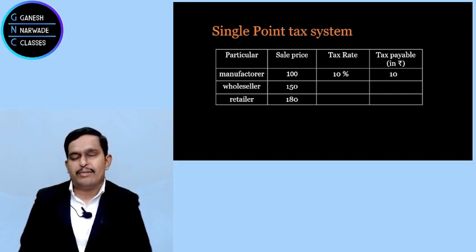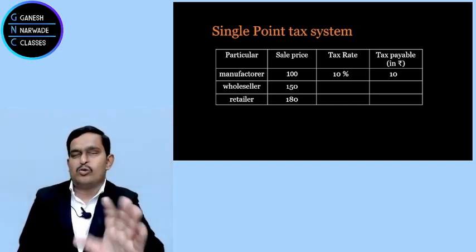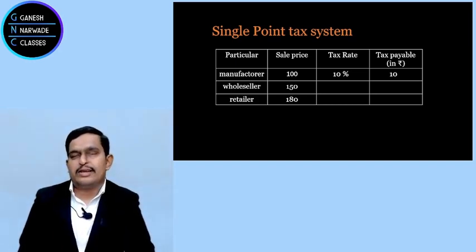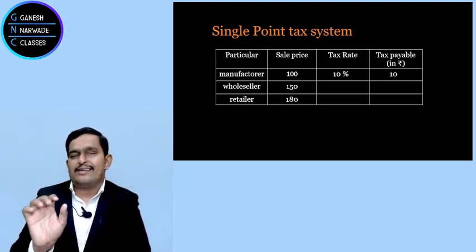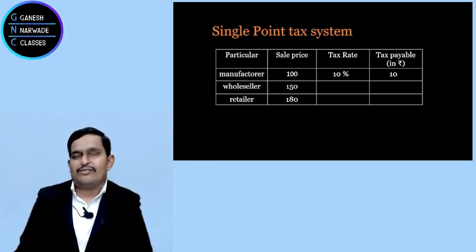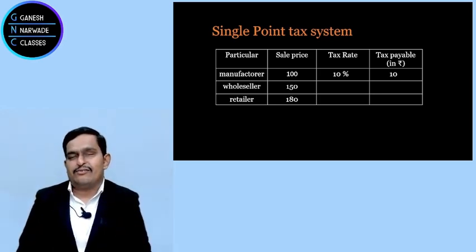Let the manufacturer sell to the wholesaler, the wholesaler to the retailer, the retailer to a sub-retailer, or however many times the goods are sold, the government is least bothered. The government simply says: you manufactured, you pay tax at the time of sale. We'll collect tax only one time.